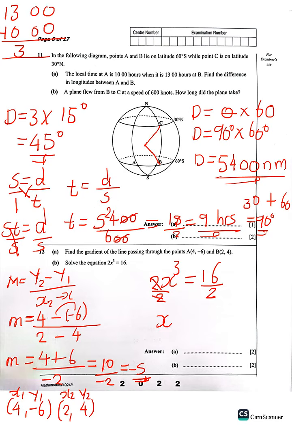Then we have x raised to the power 3 is equal to 2 into 16, which is 8. Then from there we need to make sure that the powers are the same. So how do you do it? We'll say x raised to the power 3 is equal to 8.